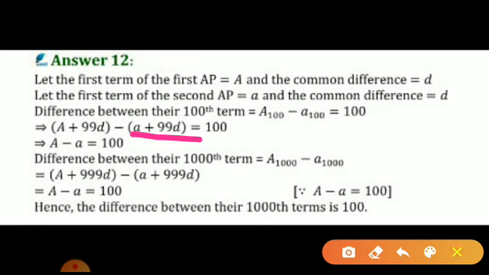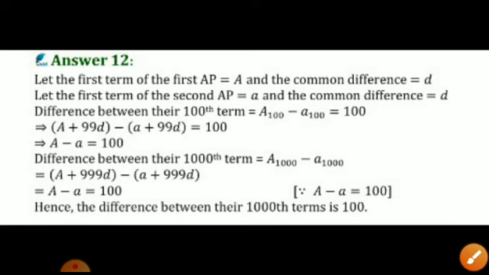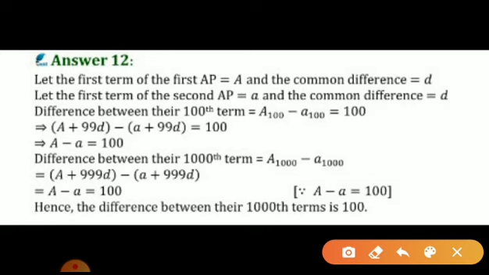Clear? Then what we need to find? We need to find the difference between their 1000th terms. That means I have to find A1000 minus small a1000. That means I need to find A plus 999D minus (a plus 999D).